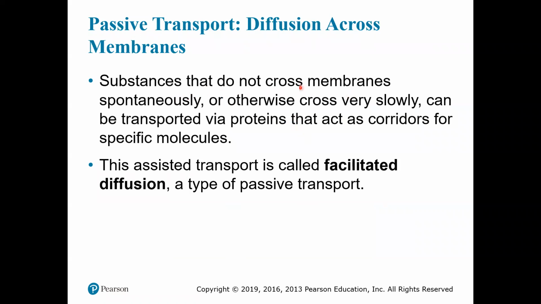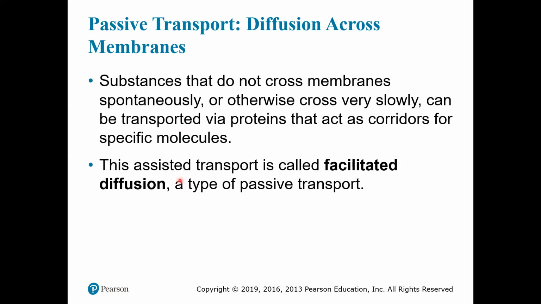The substances that don't fit that qualification, so that don't cross the membrane spontaneously, will do so via the transport of proteins. You can get ions to diffuse across the plasma membrane, but they need to do so through the process of facilitated diffusion.